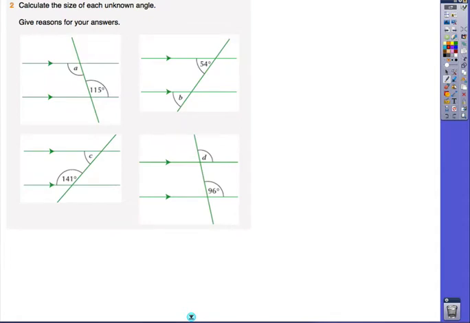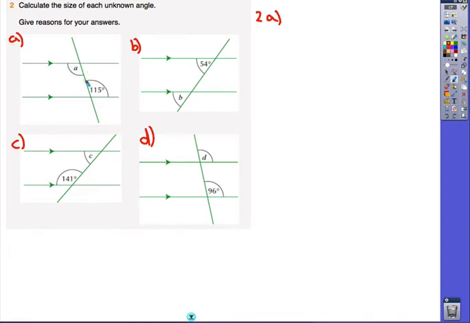Okay, moving on to question 2. Just going to label question 2 A, B, C, and D with the corresponding angles that we need to work out. And question 2A, remember, if you got this right, move on, don't look at it if you've already got it right.